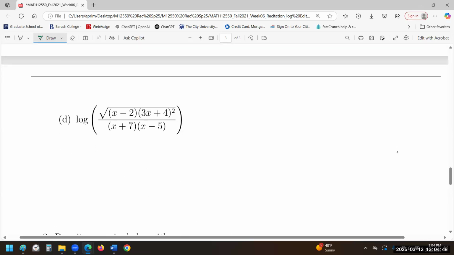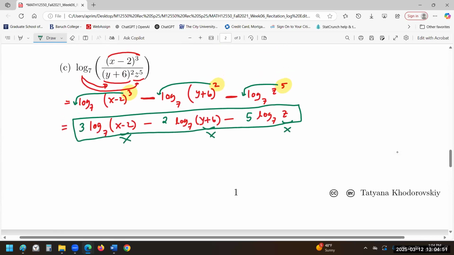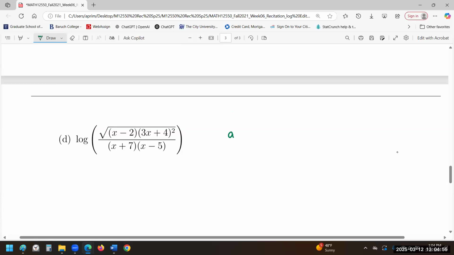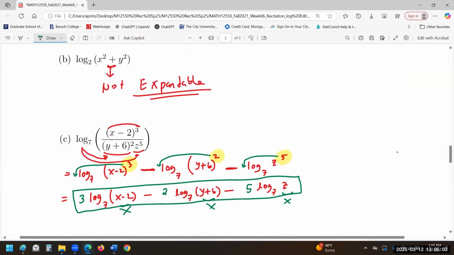Wow, D definitely looks bad. So let me actually write A and D together. So A is log base 2 of x squared y squared, and what's the base, I forgot? 2.